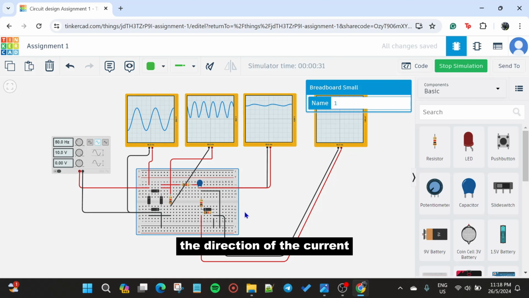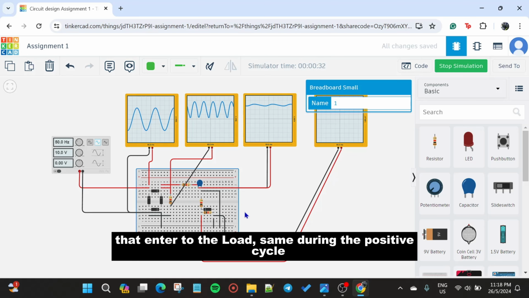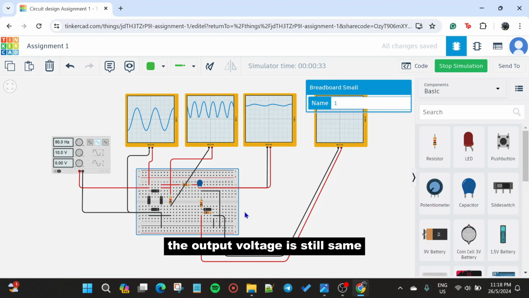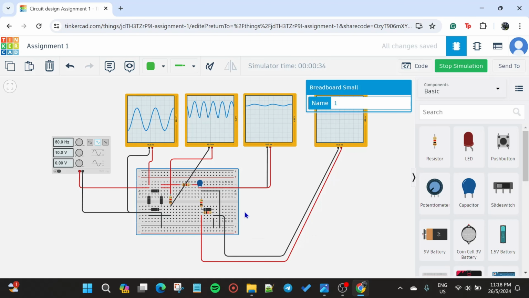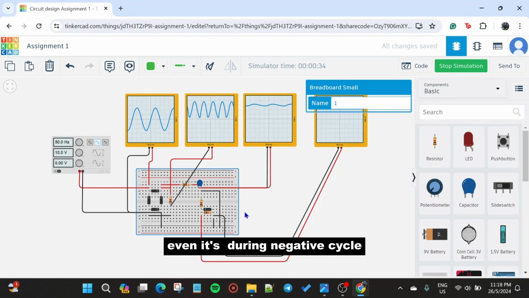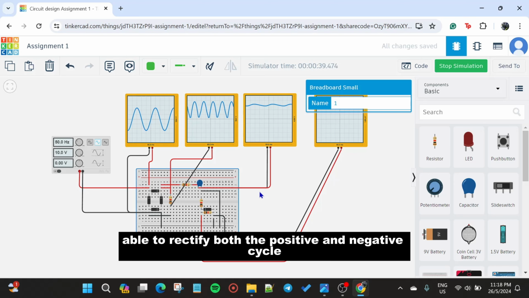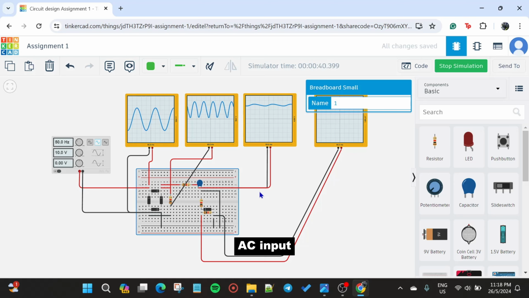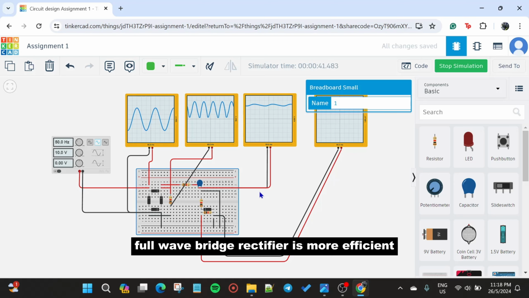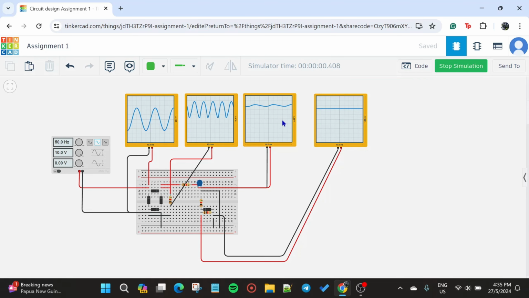The direction of the current that enters the load is the same as during the positive cycle. The output voltage is still the same, even during the negative cycle. Since the full wave bridge rectifier is able to rectify both the positive and negative cycles of the AC input, it is more efficient compared to the center tap rectifier.